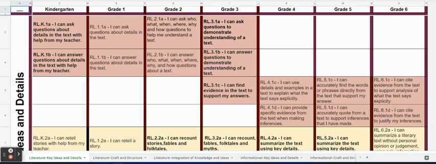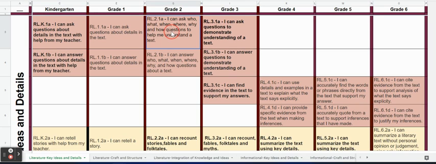So this first standard here for literature key ideas and details, you can see the kindergarten I can statements that align with asking and answering questions. And then as you shift to the right, you see how those standards change from one grade level to the next. For example, kindergarten has asking and answering questions with support from the teacher. And then as it moves to first grade, the students are doing it independently.